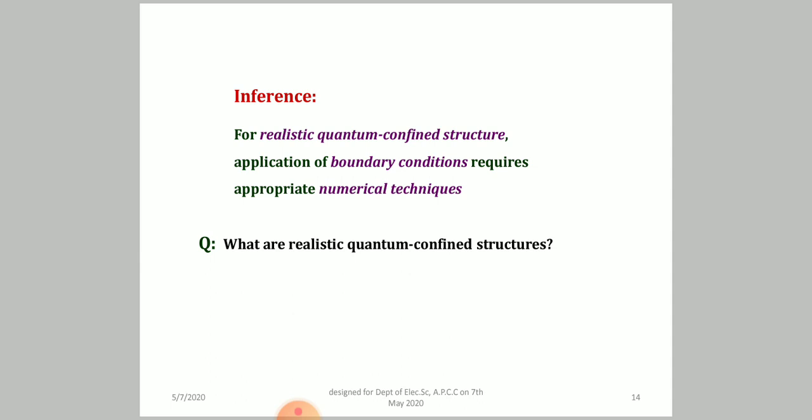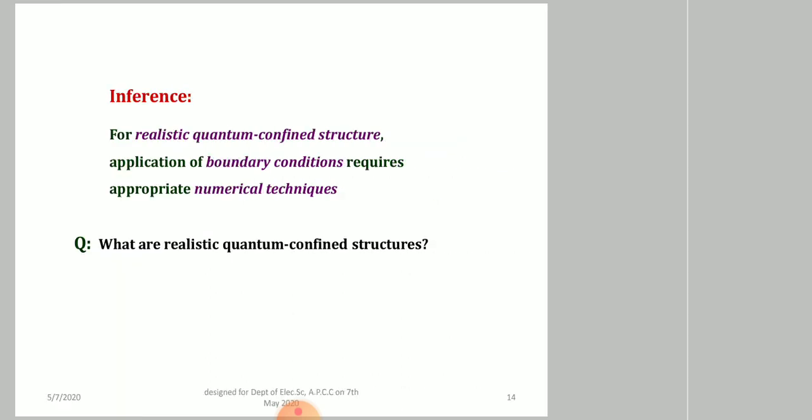So what will be our inference? We are very close to the end of this class. For a realistic quantum confined structure, please look at the italic words, application of boundary conditions, mathematics. A realistic quantum structure means the combination of physics and material science. You require appropriate numerical techniques, mathematics. So what are those realistic quantum confined structures where we really incorporate this mathematics?